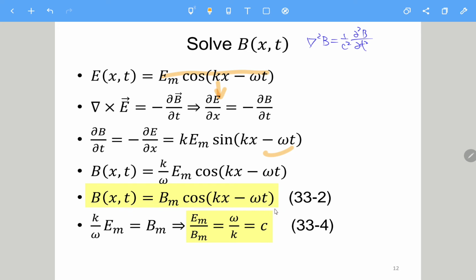And then in the textbook we have B of x,t equals B_m cosine of kx minus omega t, which means that E_m over B_m, or you can say k over omega E_m, should be B_m. Which means that E_m over B_m is omega over k.